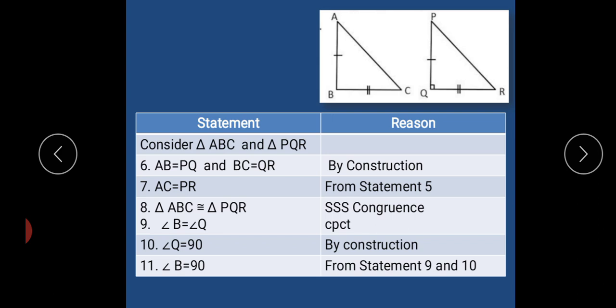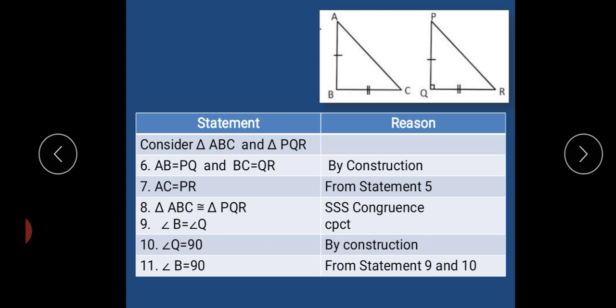Therefore, angle B is equal to angle Q, CPCT, corresponding part of congruent triangles. Angle Q is equal to 90 degrees because triangle PQR is constructed with angle Q is 90. So from statement 9 and 10, we get angle B is equal to 90 degrees. And that is what asked to prove.